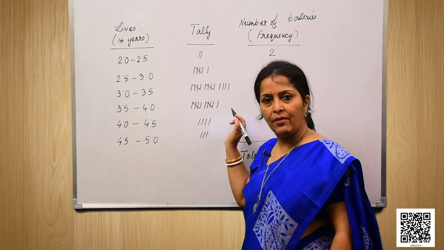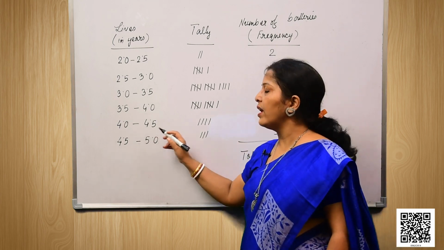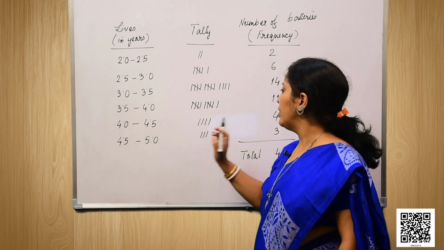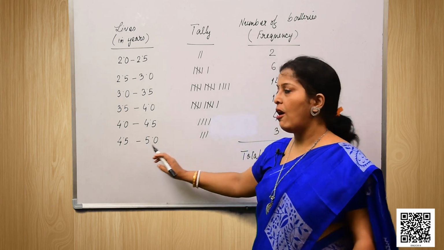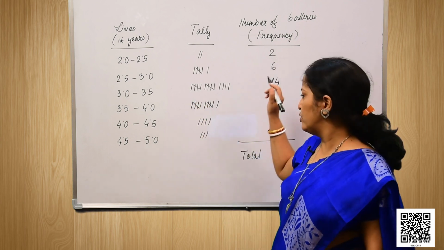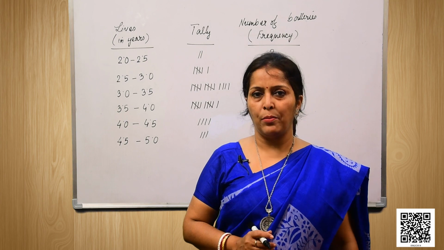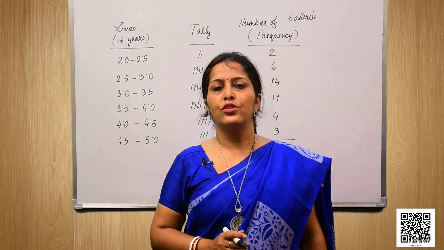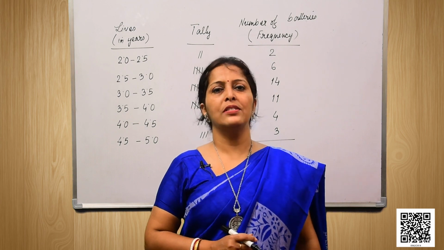So the frequency is 11. Then in the next one, 4.0 to 4.5, our frequency is 4, and in the last one, 4.5 to 5.0, our frequency is 3. Here also we check that the total is 40. So this is the solution of question number 9, which says to construct a grouped frequency distribution table. I hope this is clear to you.